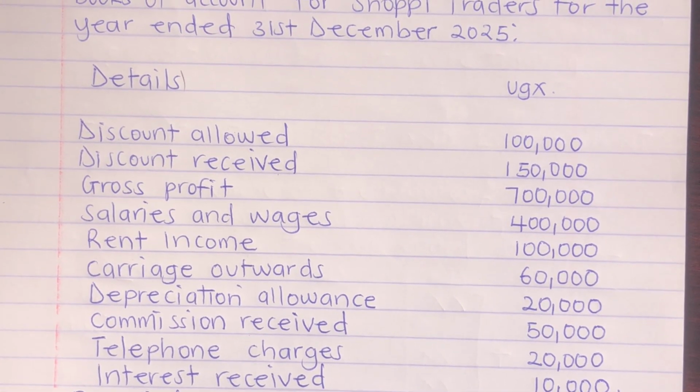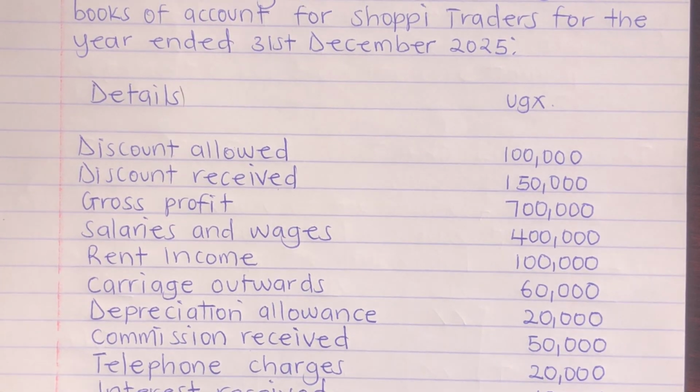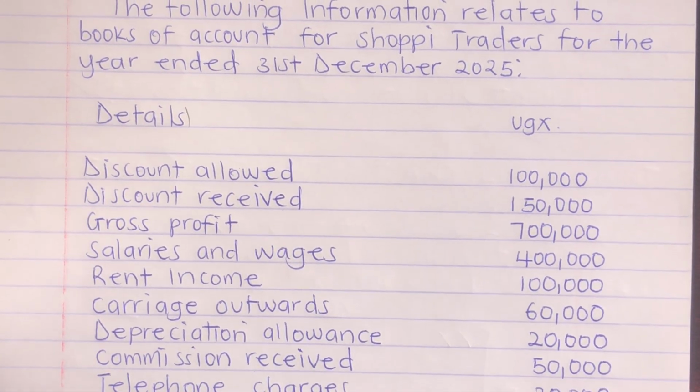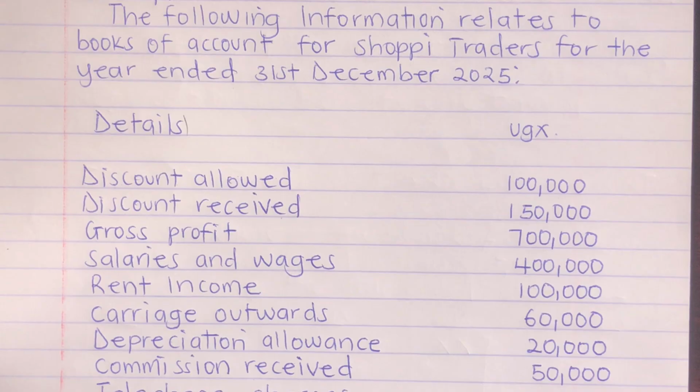You bought it at 4 million, but when you want to sell it after using it for some time, they are going to give you an amount lesser than what you bought it for. So let's say you bought it at 5 million and then you sell it at 3 million, meaning the phone has depreciated by 2 million. So that value is called depreciation.